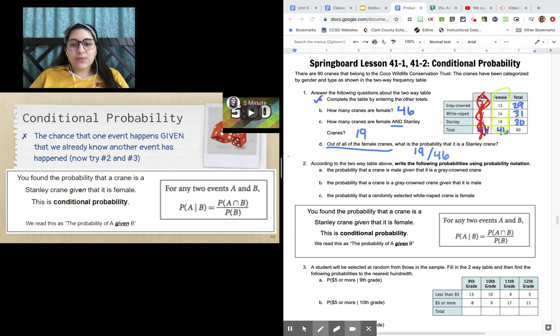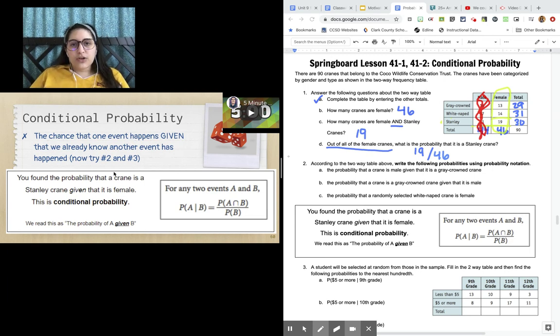So in that last problem, the qualifier that I gave you was that the cranes that I'm looking at had to be female. That's the thing that we already know has happened. And then I want to know, if I'm looking at just the female cranes, what's the probability in that category that I pull a Stanley crane?